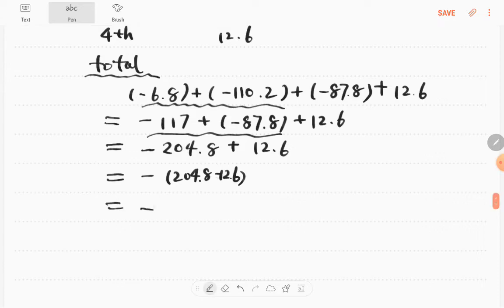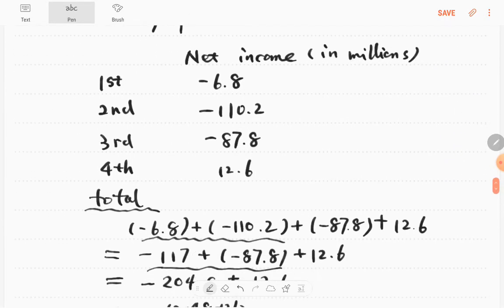So our answer should keep the negative sign and find the difference of these two numbers. We will get 192.2. So make sure you know the final answer should be the negative 192.2. So our total here is negative.